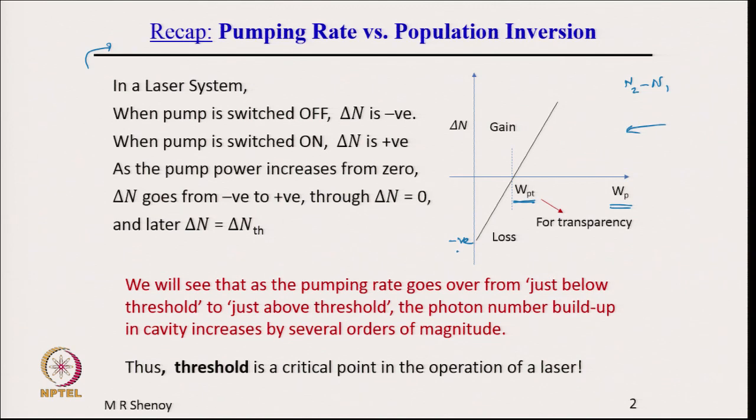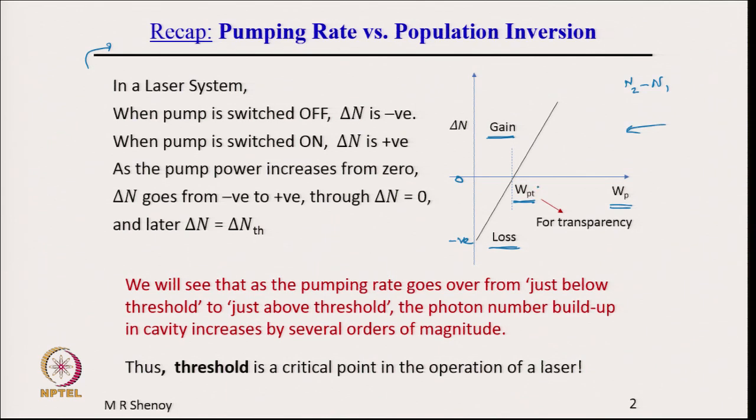When delta n is negative, there is loss and the medium is absorbing; when delta n is positive, there is gain; and when delta n is 0, the medium acts as a transparent medium. That is why W p t is called the transparency pumping rate.